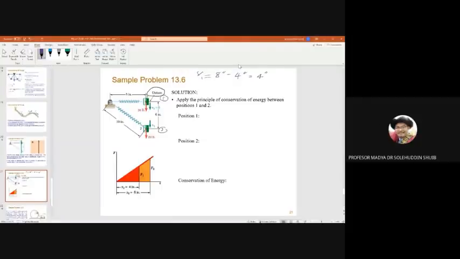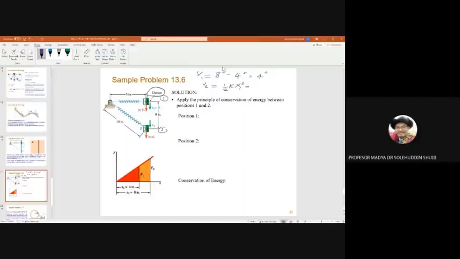After you obtain that one, we want to find the value of VE. So VE at position 1. What is VE? Formula of VE, this is elastic, right? So half k x1 squared.